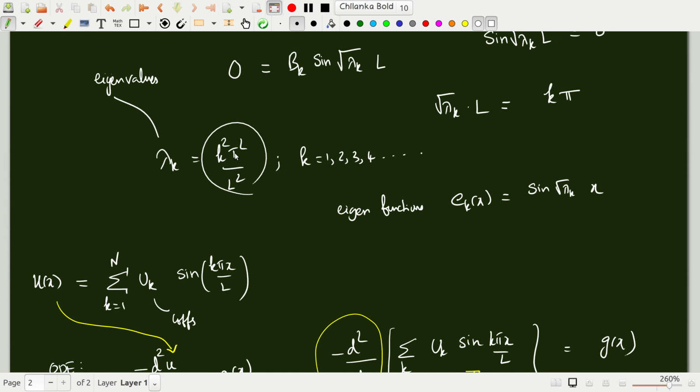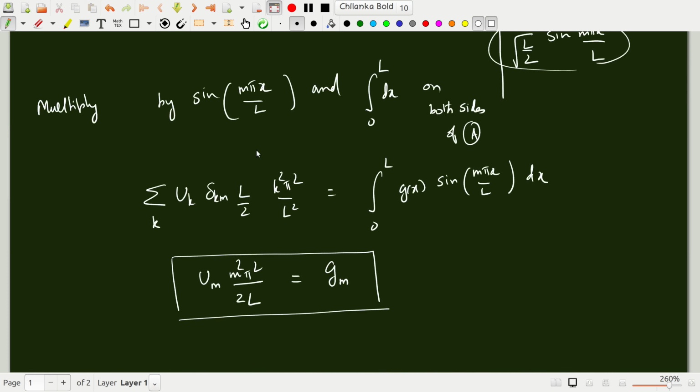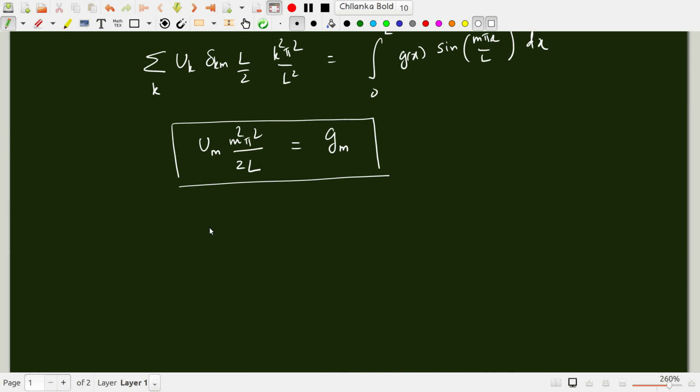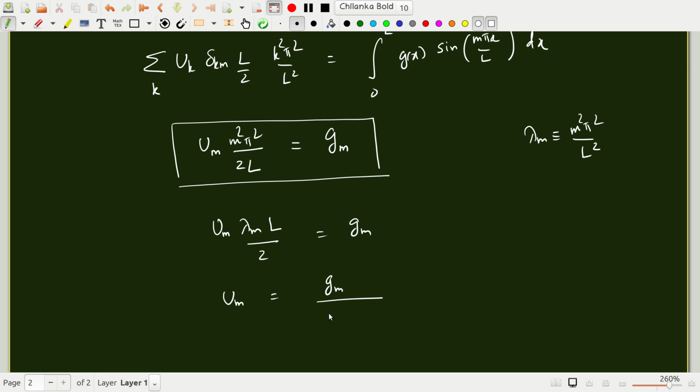So if you call m squared pi squared by L squared lambda m, then m squared pi squared by L will be simply L times lambda m upon 2 times um, which is gm, or um is gm upon lambda m times L by 2.